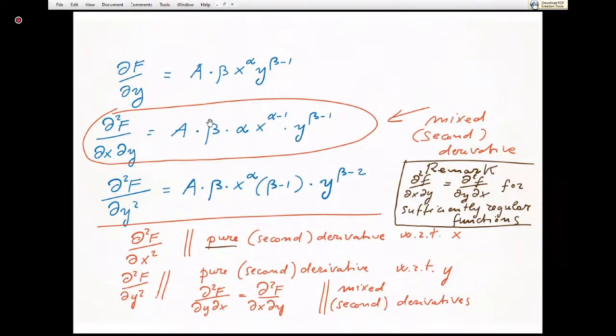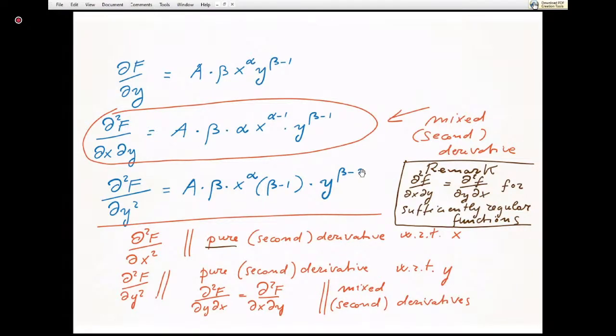So it is alpha beta times x to the power of alpha minus 1 times y to the power of beta minus 1, because this is considered as a constant factor in this derivative. And then if I differentiate this again with respect to y, it is alpha times beta times x to the power of alpha times beta minus 1 times y to the power of beta minus 2.